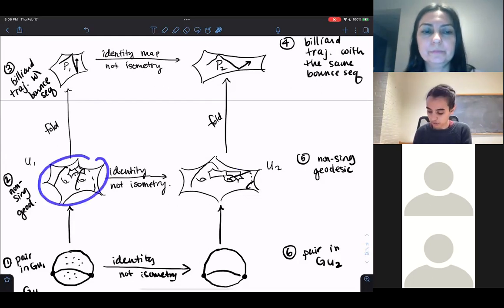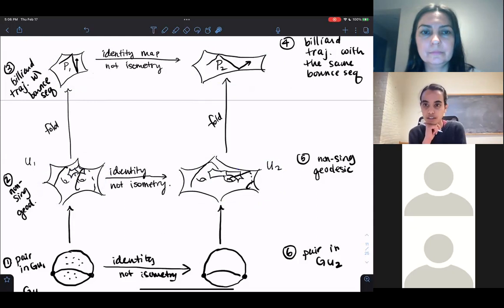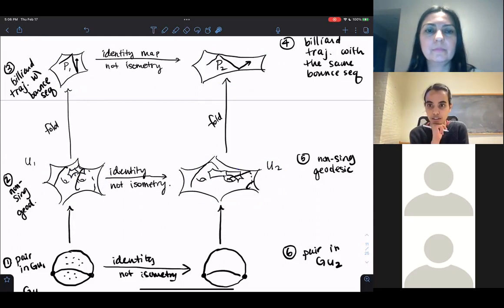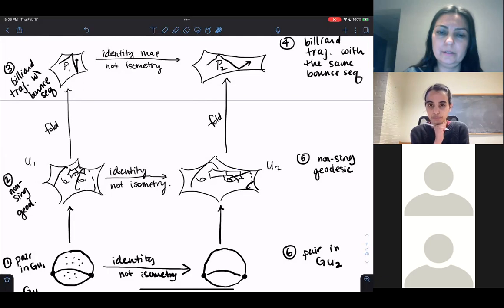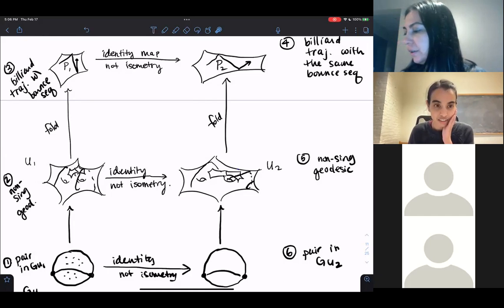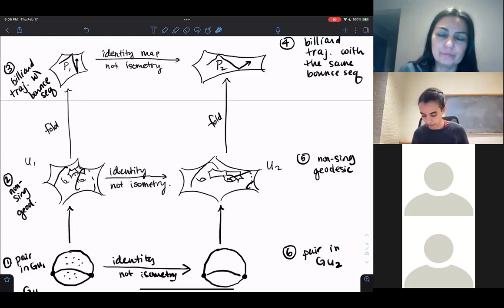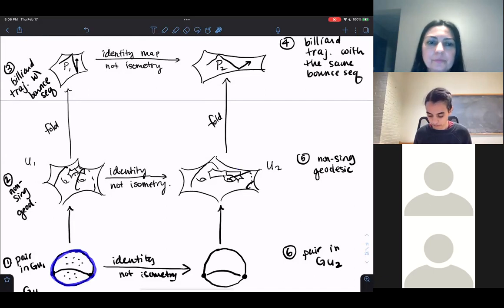The difference between this one and this one is I remetrize all the tiles, the same way that these two metrics differ. Set-wise they're the same. Now the metric is different. Now let's consider some subsets of pairs of points at infinity.